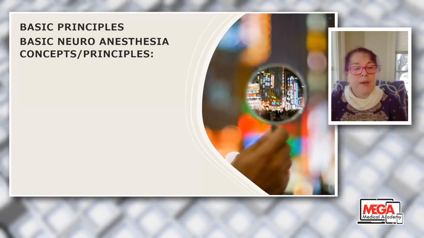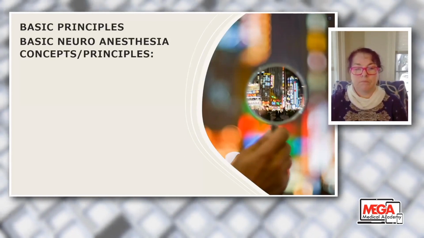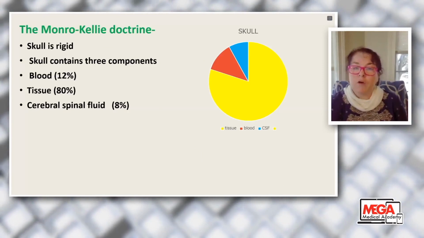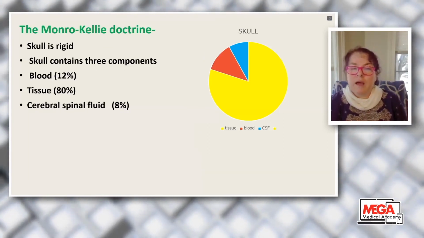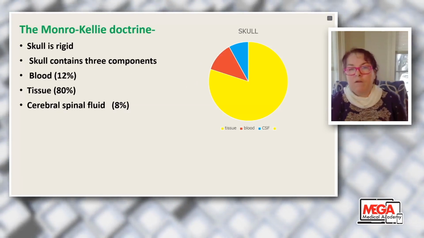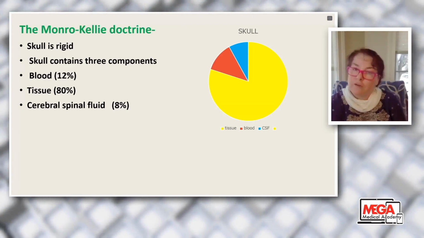Now we're going to talk about basic principles of neuroanesthesia. The most important thing, I think, when we talk about neuroanesthesia is the Monro-Kellie doctrine. This pretty much makes up all of how we do neuroanesthesia. So it's really important to review it and really understand it.